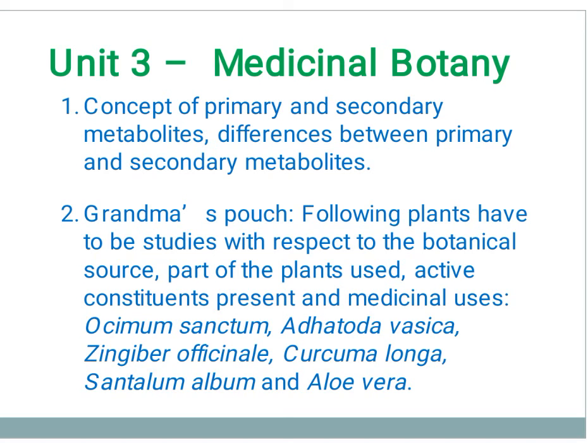In this unit, the first topic is the concept of primary and secondary metabolites and the differences between them. Plants contain different types of chemicals such as alkaloids, tannins, glycosides, lipids, fats, pigments, and many more. These chemicals are termed primary and secondary metabolites. In this first topic, we will see details of primary as well as secondary metabolites.